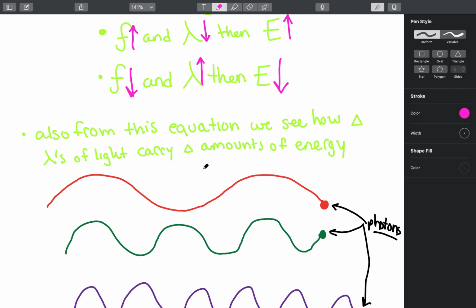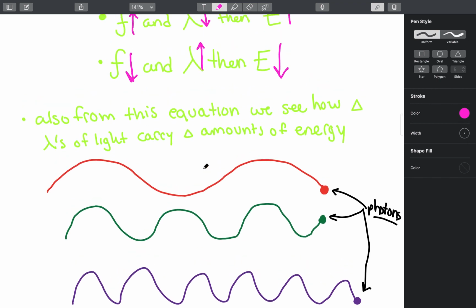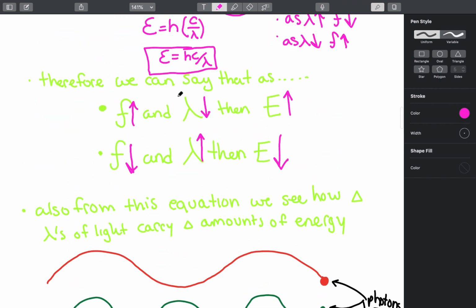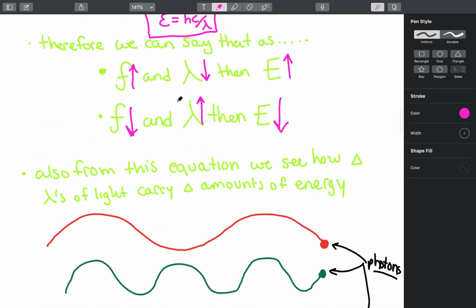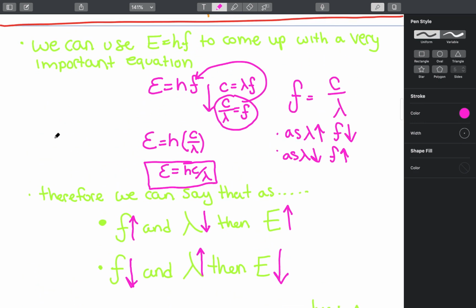So now let's talk about what this equation is saying. It's important to note that this equation is only talking about a single photon. So let's write that here.